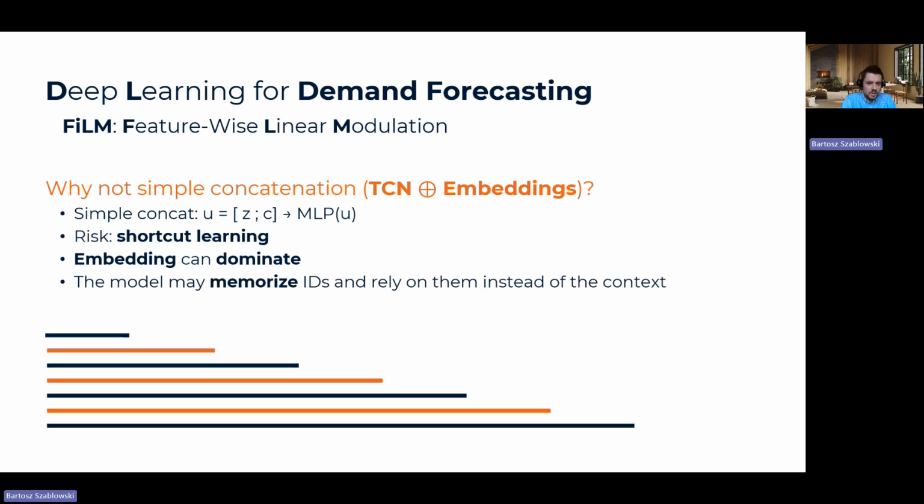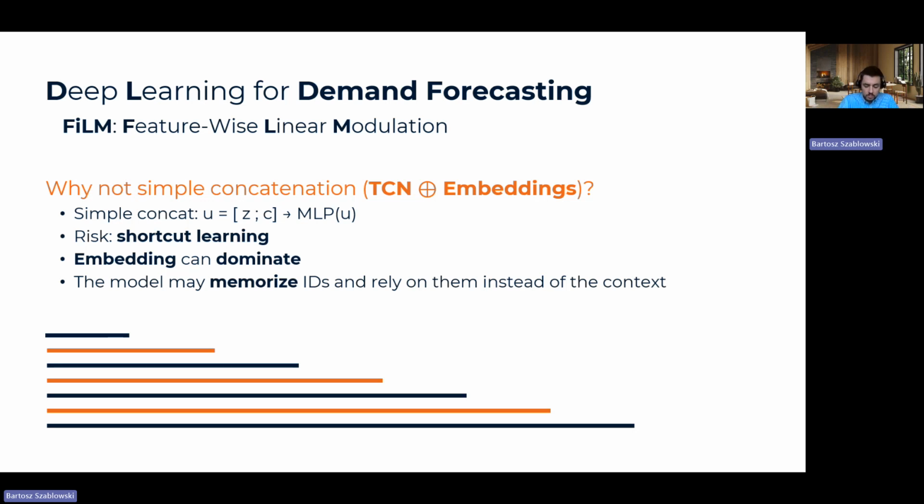In that setup, the network gets a very easy shortcut. It may start treating embeddings as the main signal and partly memorize the typical behavior of specific IDs and stop analyzing and taking into account the information from the context.